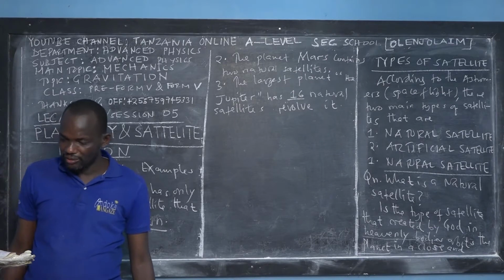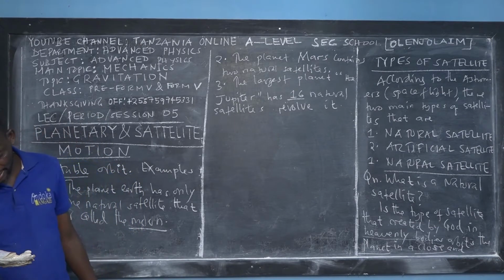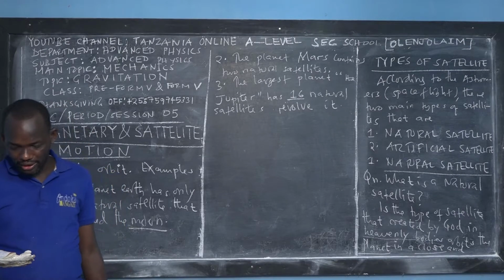Focusing too much on the artificial satellite. Mercury and Venus, the closest planets to the Sun, have no natural satellites.